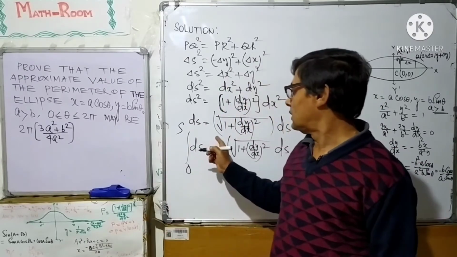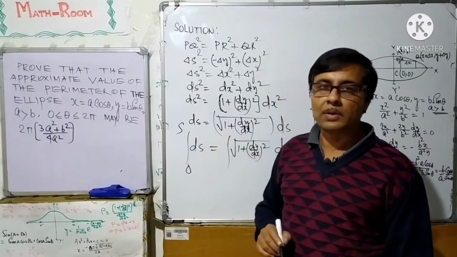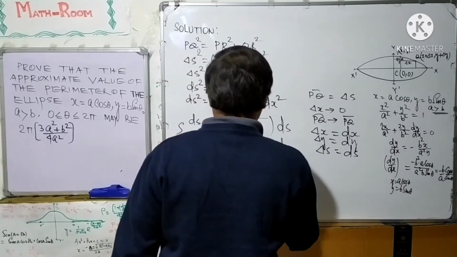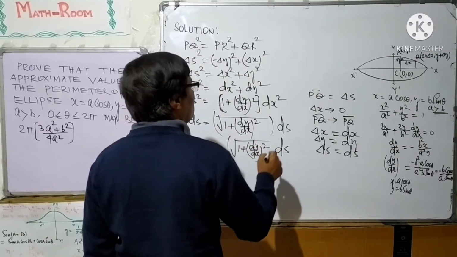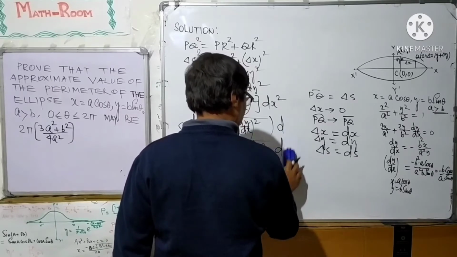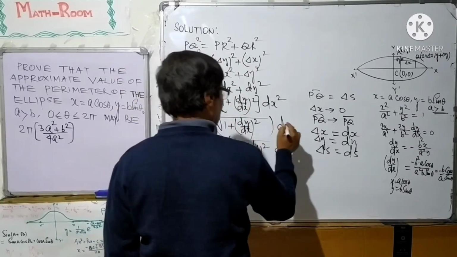Here S is the arc length. Also, this is not ds, but dx.